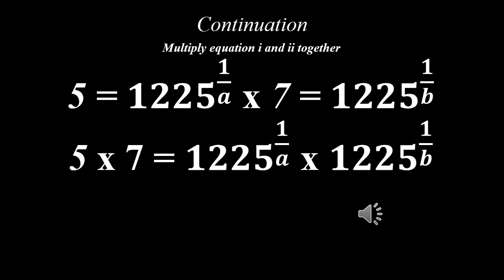So now if you multiply the two equations together, equation 1 and 2, then we have 5 multiplying 7 and 1225 raised to power 1 over a multiplying 1225 raised to power 1 over b.